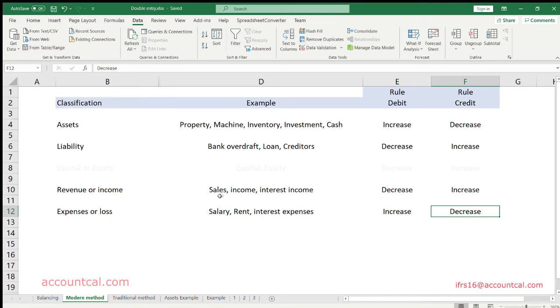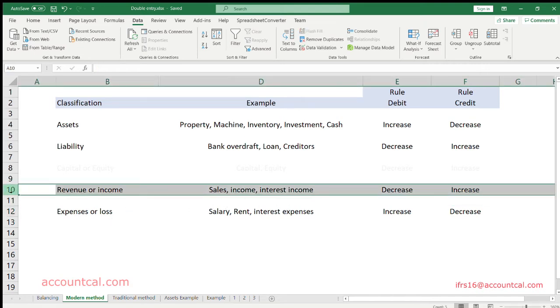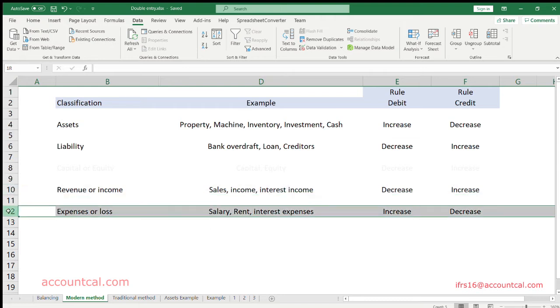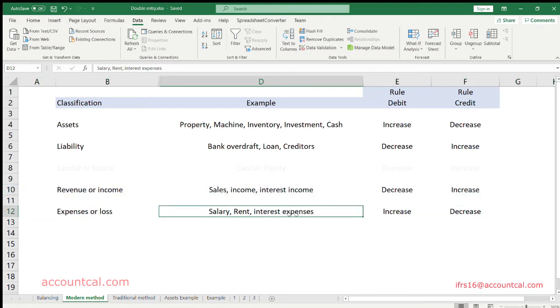The principle of revenue is opposite of the principle of expense. So for example, if you have paid any expense, traveling expense of say 500, then you will debit traveling expense by 500.